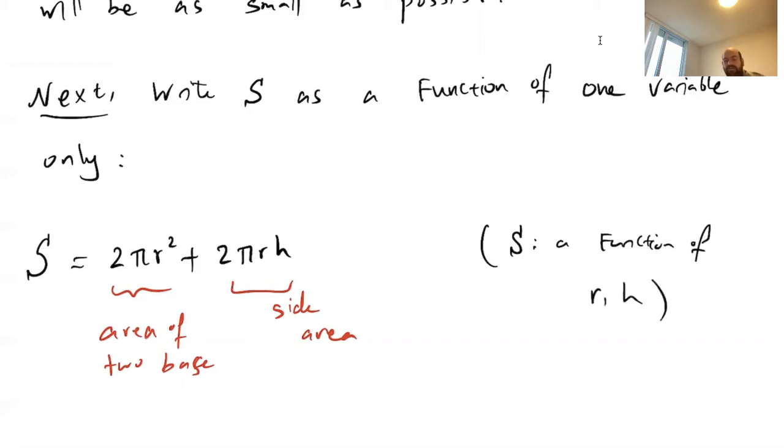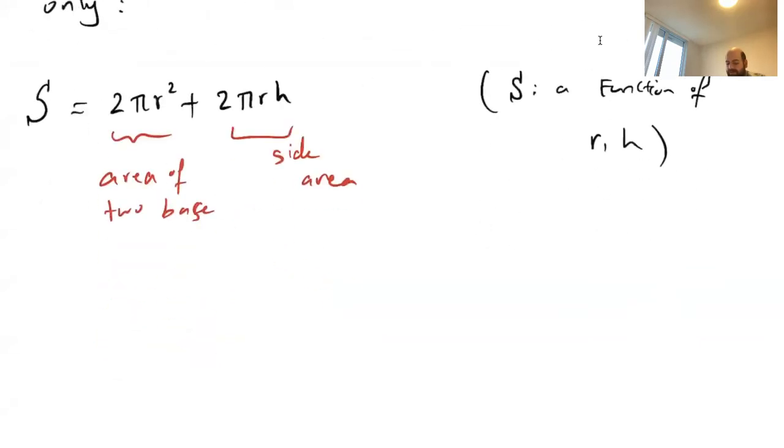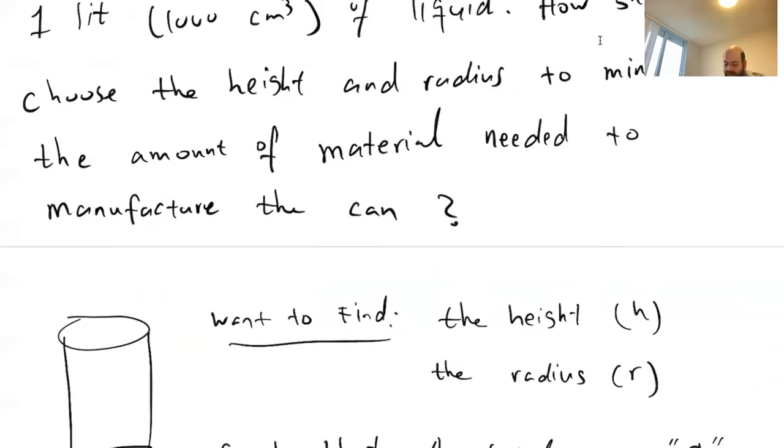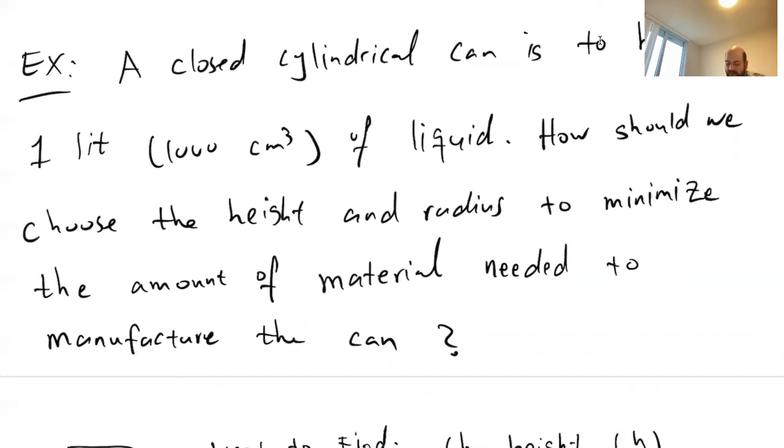Now, how can I write S as a function of one variable only? Similar to previous examples, if I can find a connection between r and h, then I can substitute one in terms of the other one, and then substitute back into the formula for S. So what else do I know here? I know that the volume is fixed.